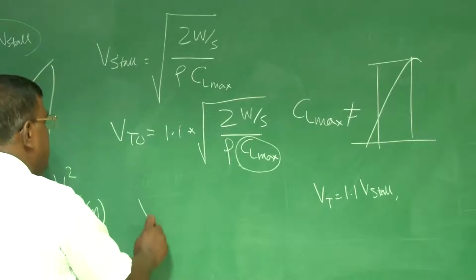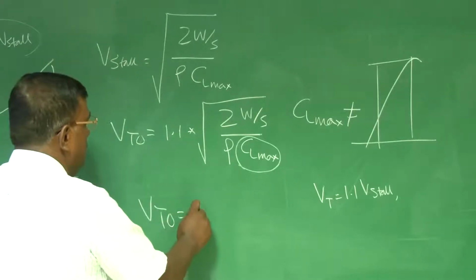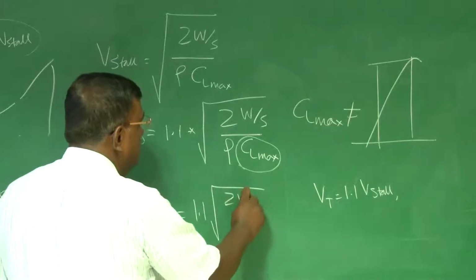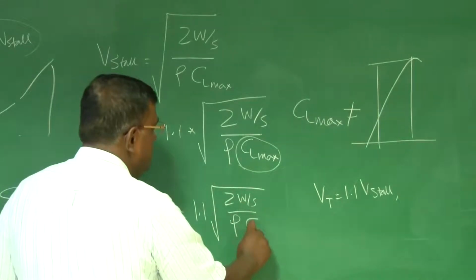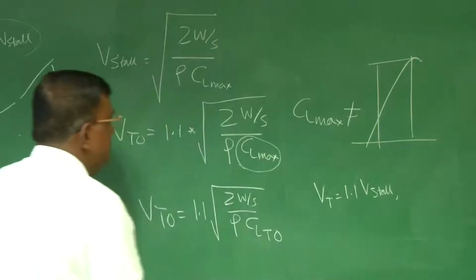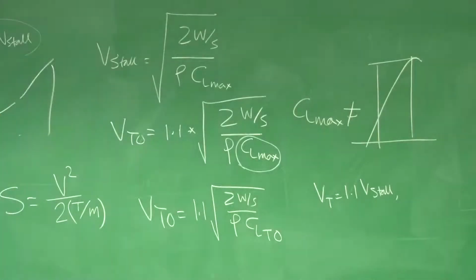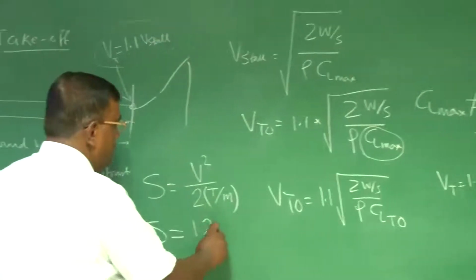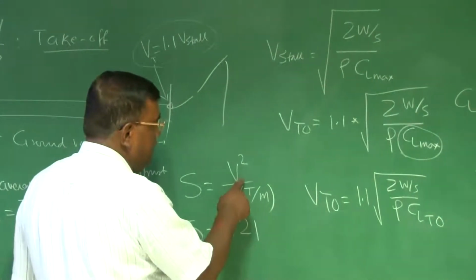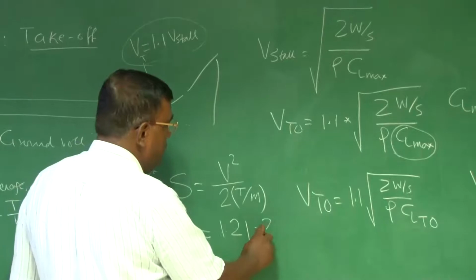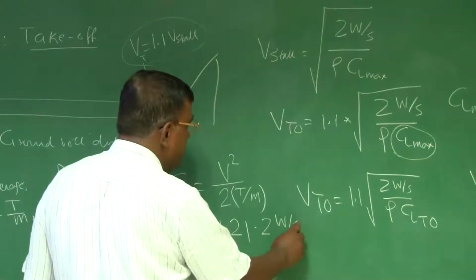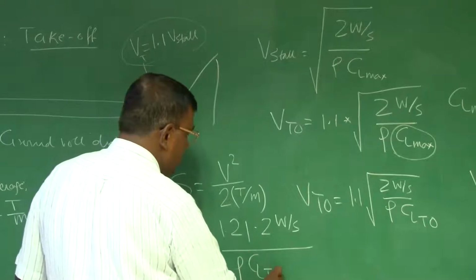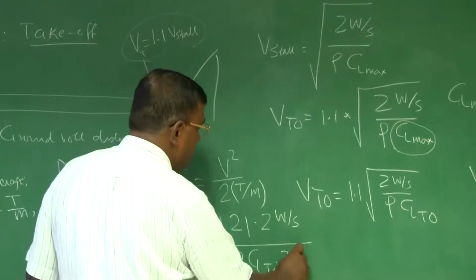So let me write V takeoff as 1.1 under root 2W by S rho CL takeoff. And if I do this, then I find S equal to 1.21, this becomes V takeoff squared, 2W by S, then rho CL takeoff into 2 into T by M.